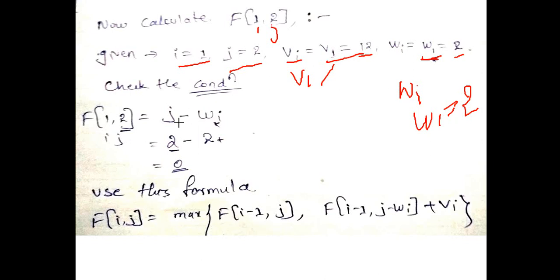Now check the condition. In the knapsack problem using the dynamic approach, always use this formula, j minus wi. Now what is the j value? 2 minus wi, and the w1 value is 2. 2 minus 2 is 0. So now tell me, is it less than 0 or greater than or equal to 0?